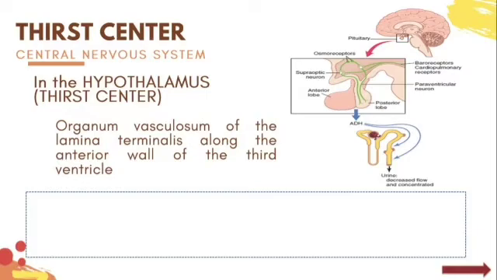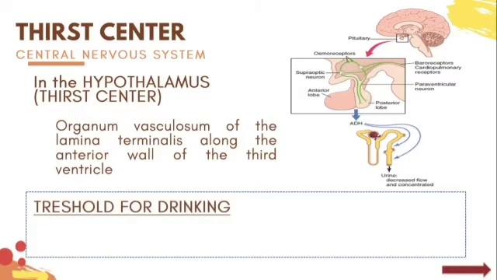An example of how this center would be activated will be when certain cells in the hypothalamus are stimulated by rising osmolarity of CSF, or your cerebrospinal fluid. They cause the sensation of thirst. Therefore, it almost certainly is an area that functions as an osmoreceptor. Speaking of the osmolarity, we have this threshold for drinking.